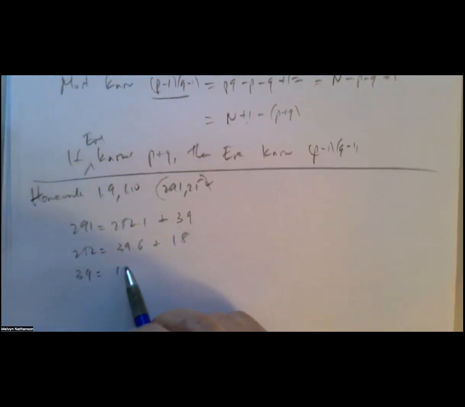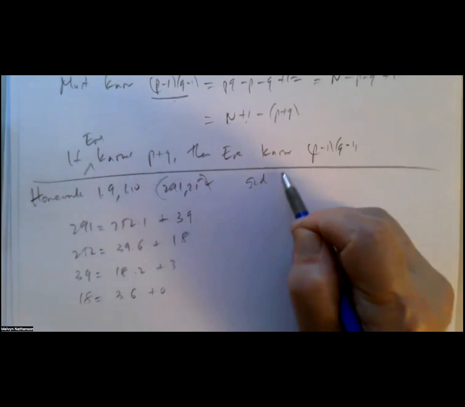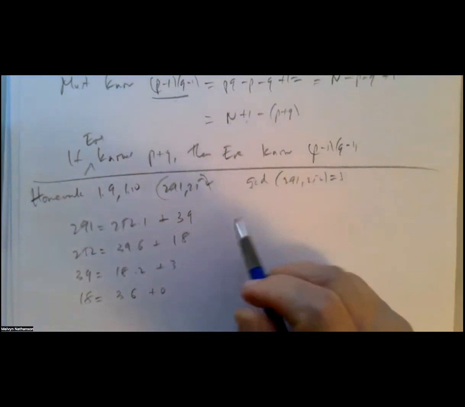Divide 39 by 18, that goes in twice and leaves a remainder of 3. Divide 18 by 3, that leaves a remainder of 0. So the GCD of 291 and 252 is 3.